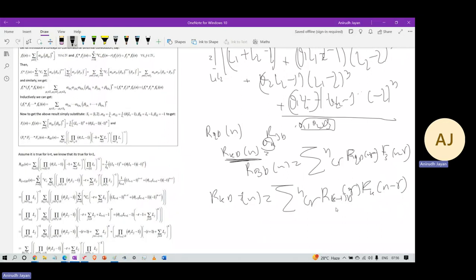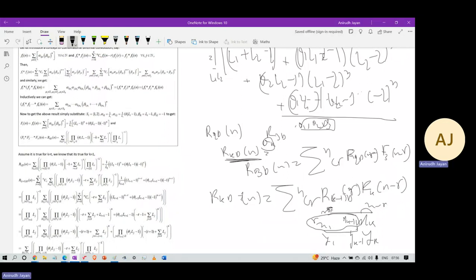Well, it's simply because it will move in the k-1 components or in the kth component. If it takes r moves in the k-1 components, x1 till xk-1 to y1 till yk-1, it either moves in either of these in r moves, and n minus r moves in the other.